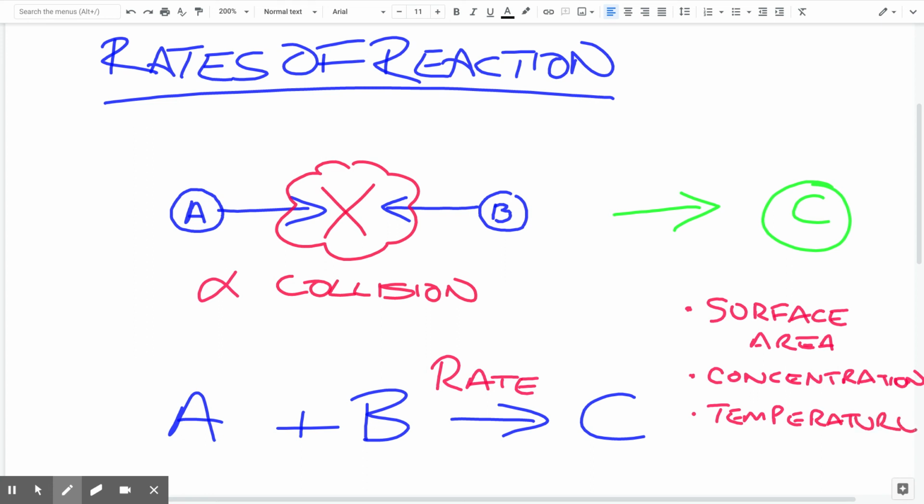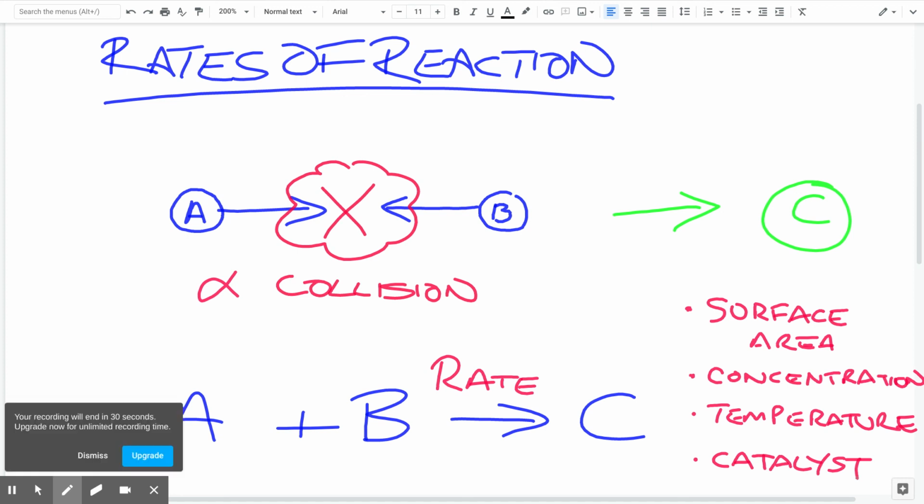We can look at those three variables and see how in turn they affect the rate of reaction. To top it off, we will also look at how to catalyze a reaction, and then we'll have a look at a few biological examples of how they work, things such as enzymes. So we'll work through these.